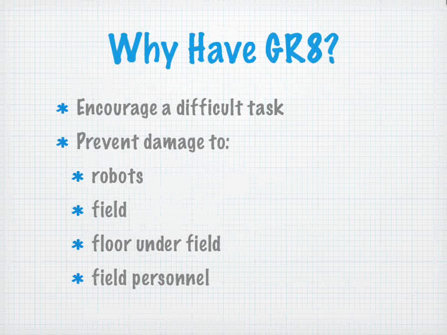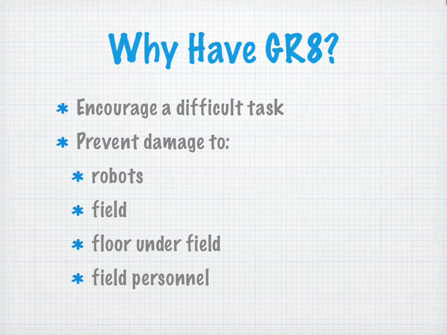So this is such an important rule, and it has such a big penalty, it's probably worth discussing why they put it in there. They did that to encourage people to do lifting, which is a very difficult task. So there's a very nice reward for doing it, and there's a huge penalty for messing with robots that are capable of doing it.